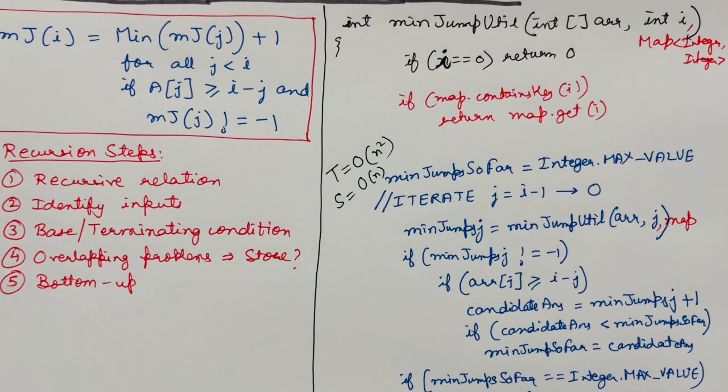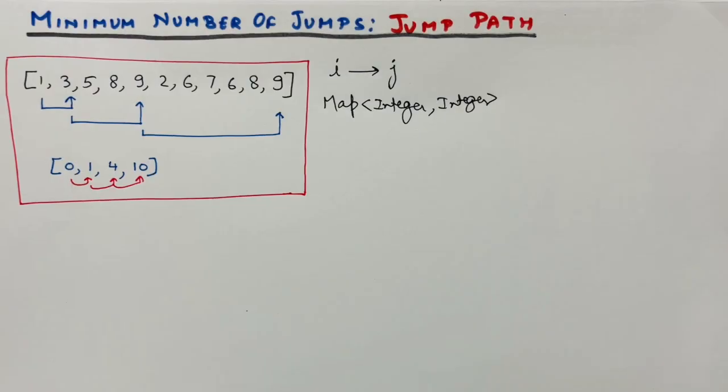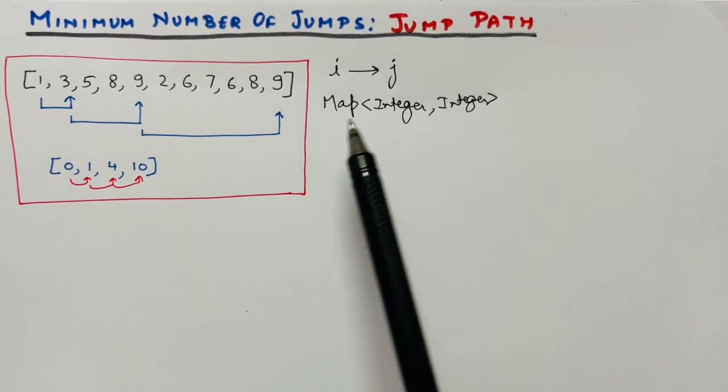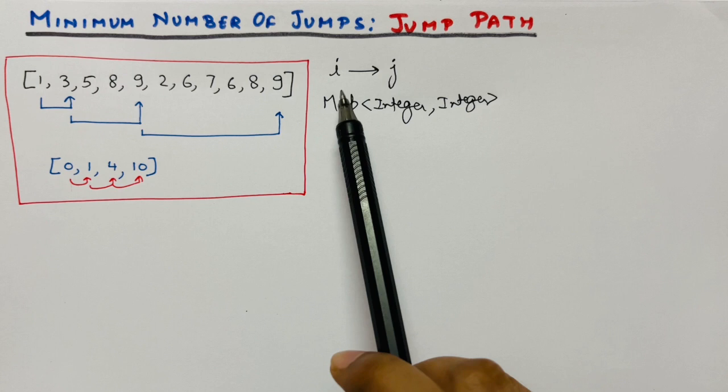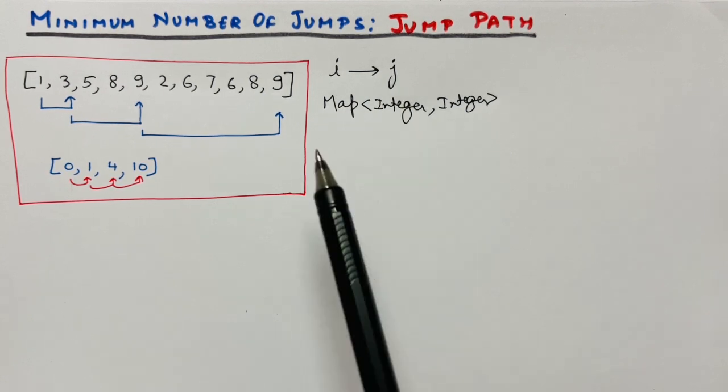So we knew, before reaching I, what the previous position in this jump path was. This gives us a hint that if we have this information saved somewhere, that to jump to I, which j we are using, then maybe we can reconstruct the path.